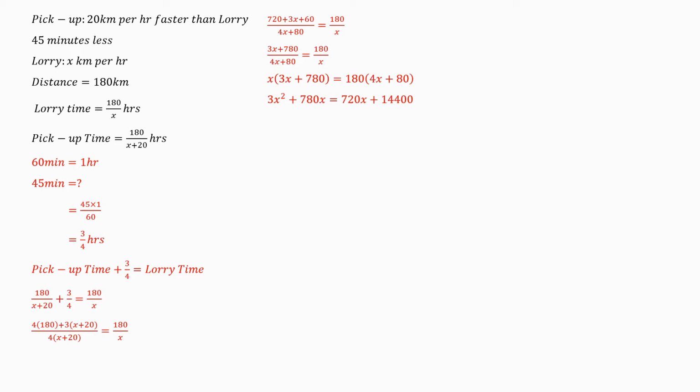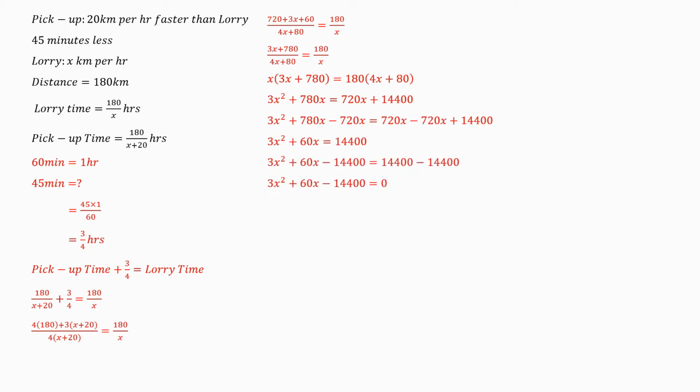We start by subtracting 720x on both sides. We have 3x squared plus 60x is equal to 14,400. Then we do the same for the 14,400. So our equation is 3x squared plus 60x minus 14,400 is equal to 0.